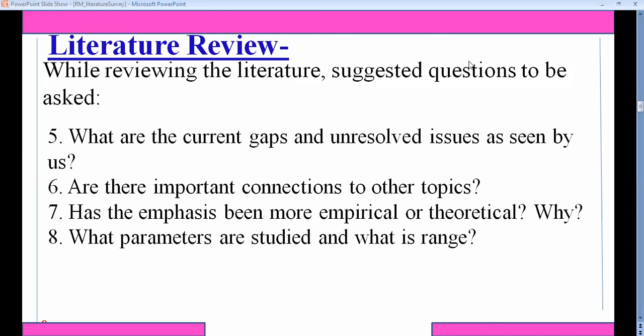Whether people are doing it experimentally or numerically, whether it is empirical. Empirical means real life data, okay? If it is theoretical, why are they using that approach? What parameters are studied, what is the range of the parameters, how they are measured, and what care is to be taken while measuring.